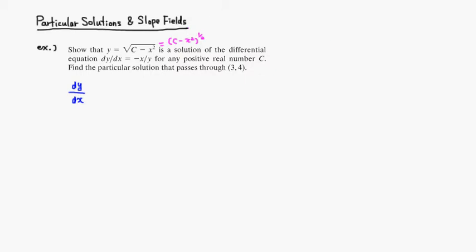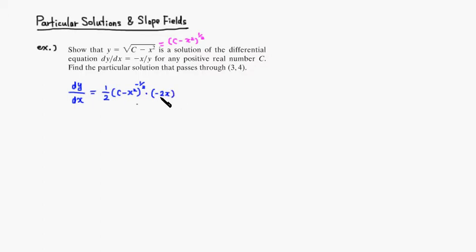That way we can easily take the derivative. Put the power in front, so 1/2, keep the same quantity c minus x squared, and subtract 1 from the power, so it's negative 1/2. Then multiply by the derivative of the inside, which is negative 2x.